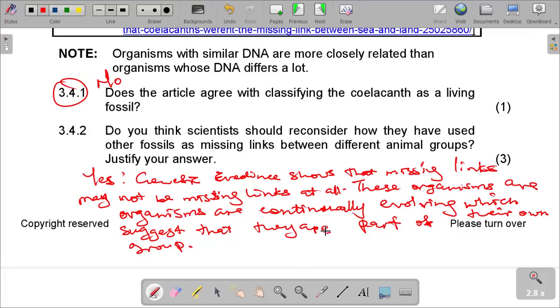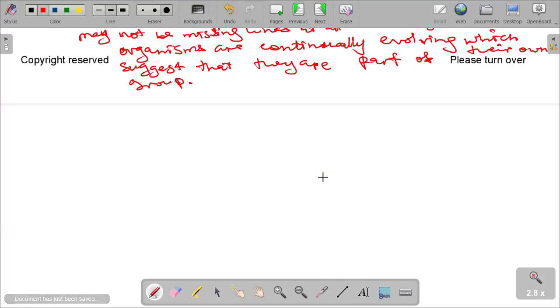They are part of their own group. We can also say no here.